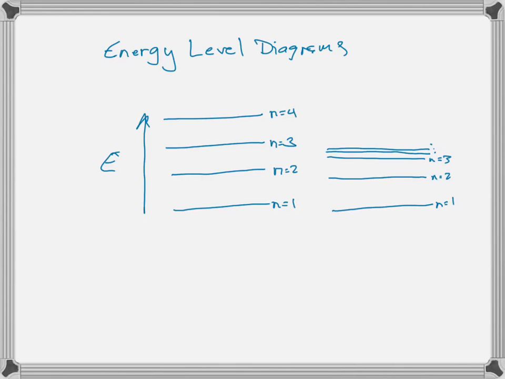The energy of the energy levels goes up too. So for the simple harmonic oscillator, this would be hf, this would be 2hf, this would be 3hf, where the energy of the energy level is nhf, right?